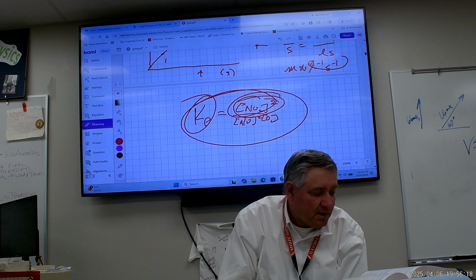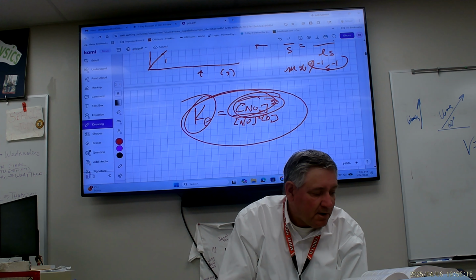And that's what allows you to cross over that bridge between concentrations and pressure. That's why it's handy to have that equation. So the answer to 22 should be between 8 and 900, just to give you a ballpark.